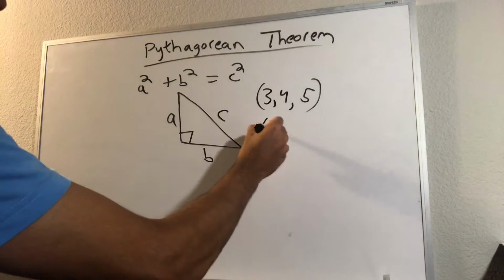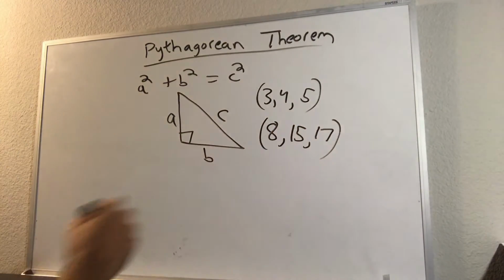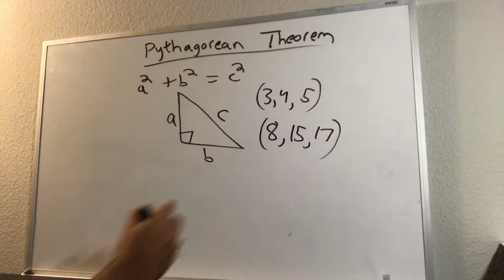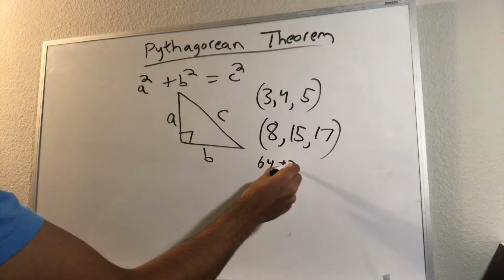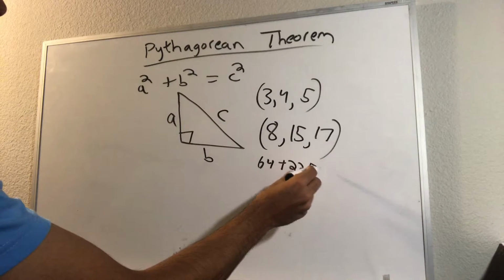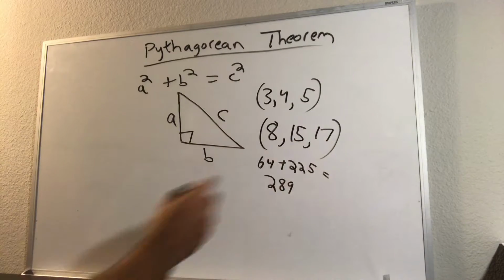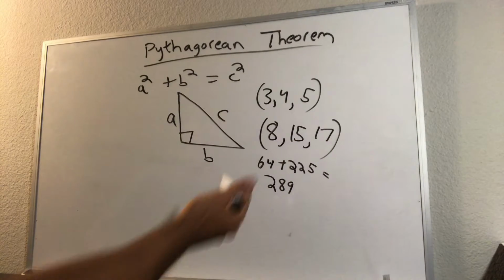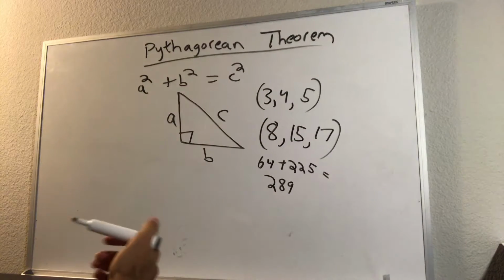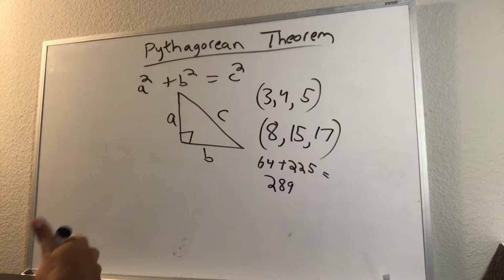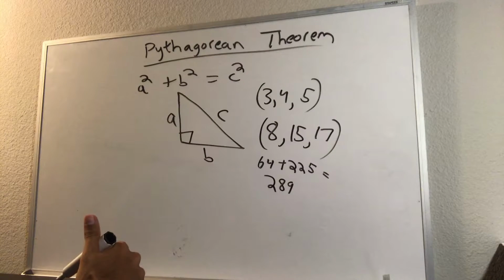Now, looking at 8, 15, 17. 8 squared is 64, 15 squared is 225. Adding these two values, we get 289, and 289 is the square of 17. Therefore, this satisfies the Pythagorean theorem, and thus 8, 15, 17 is a Pythagorean triple. And of course, there are many more Pythagorean triples that exist.